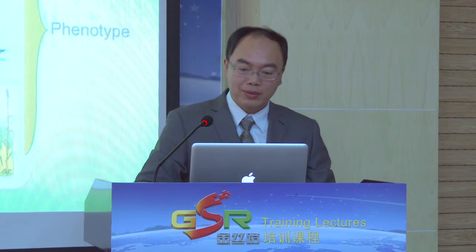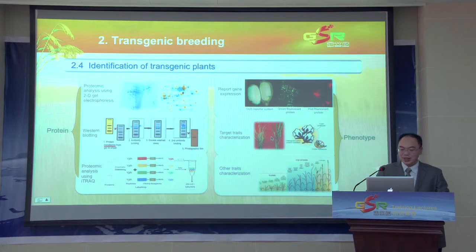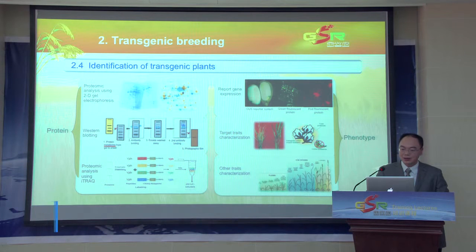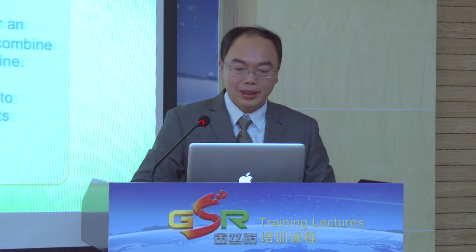For example, whether the transgenic rice plant harboring the Bt gene is resistant to the stem borer, and whether Bt cotton is resistant to the insect or not. And other traits need to be characterized, such as development and growth.